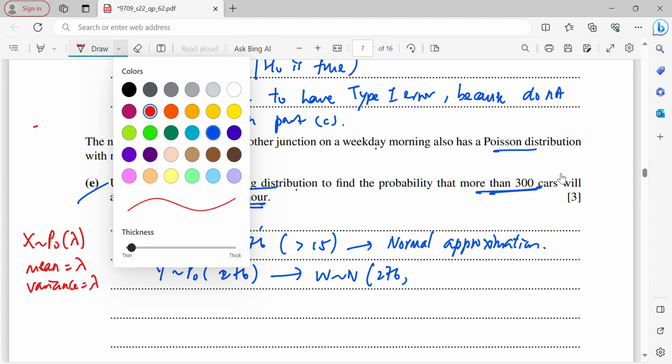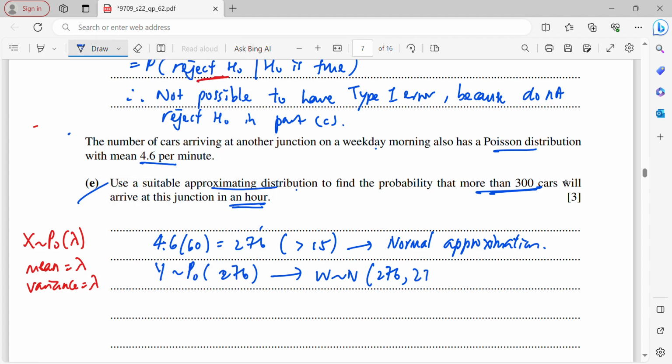Therefore for the normal distribution, variance is also 276. Now be careful with this. Poisson is a discrete random variable, normal is a continuous random variable, and now you need to get more than 300 cars. So P(Y greater than 300).